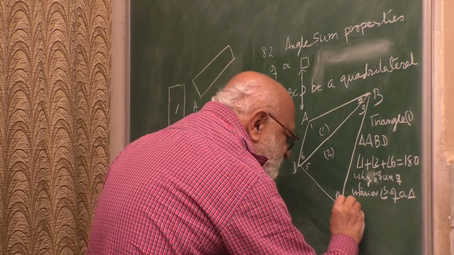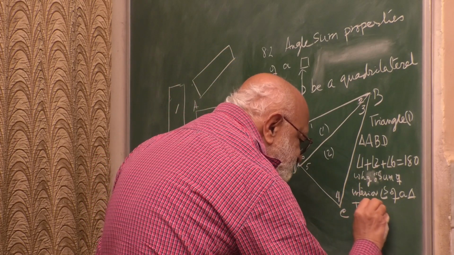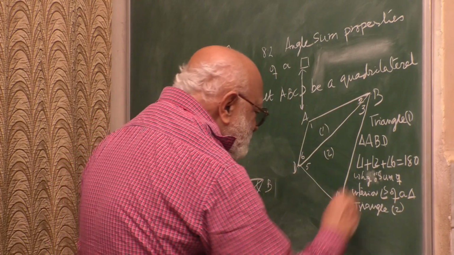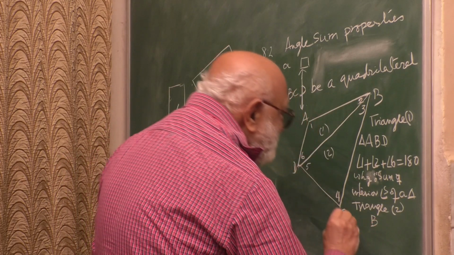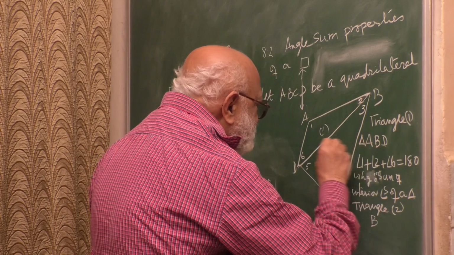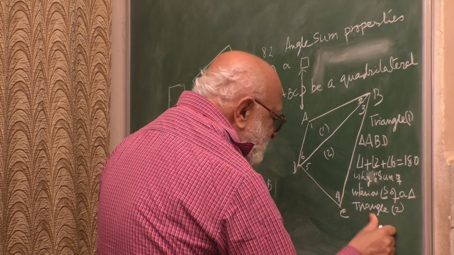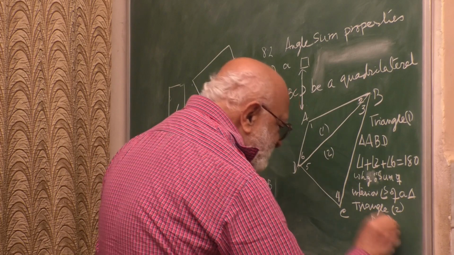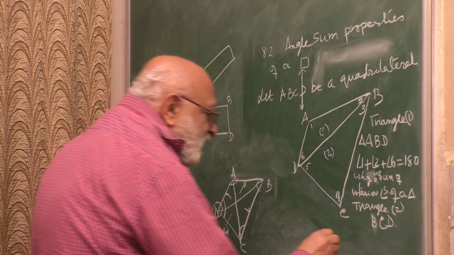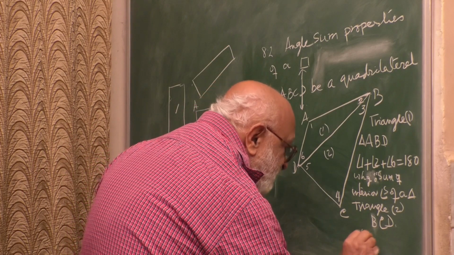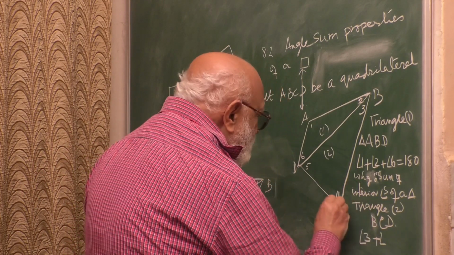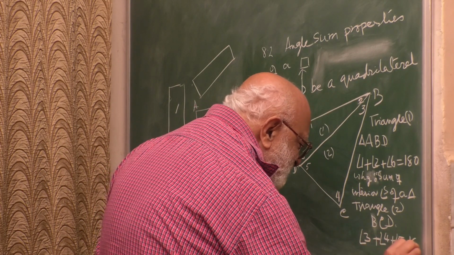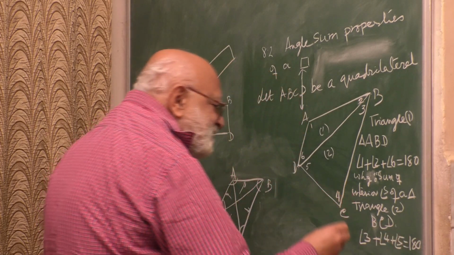So let us take triangle 2, which is BCD. I started with A, and A's corresponding would be C, but I can start with B. B, C, D. Then I can also write here angle 3 plus angle 4 plus angle 5 is equal to 180 degrees. Again, why? Sum of interior angles of a triangle.